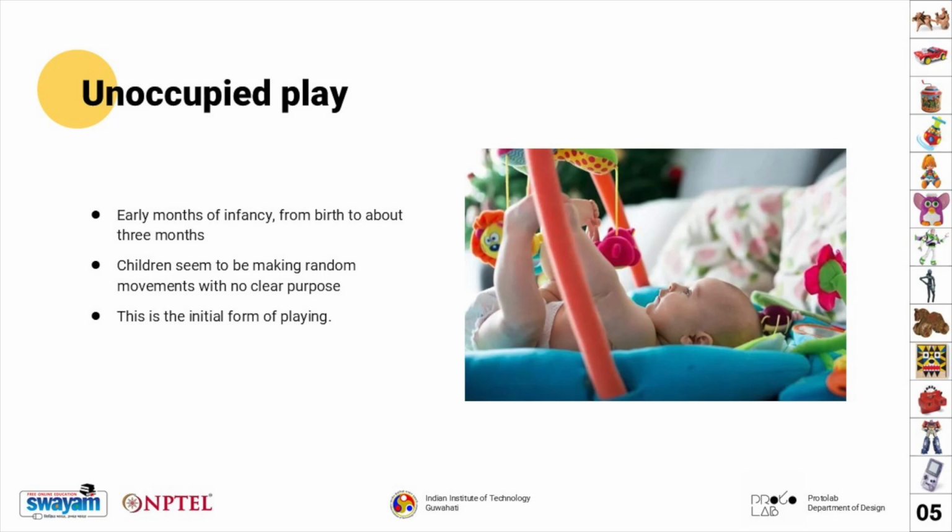A baby may wave their arms, kick their legs, or stare at their hands. Through this, the nervous system is beginning to organize itself. For designers, this reminds us that the earliest form of play does not need stimulation or instruction.